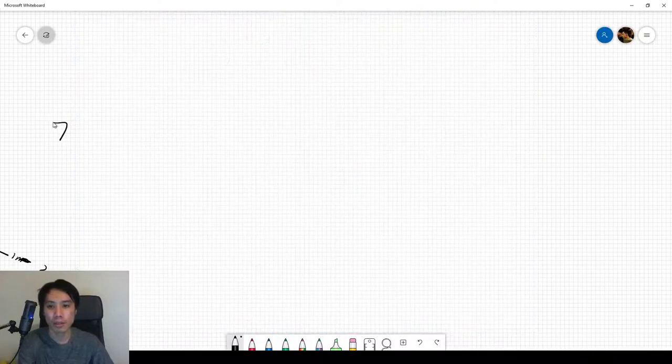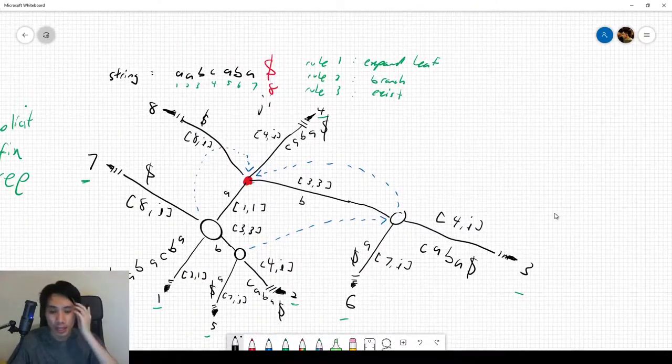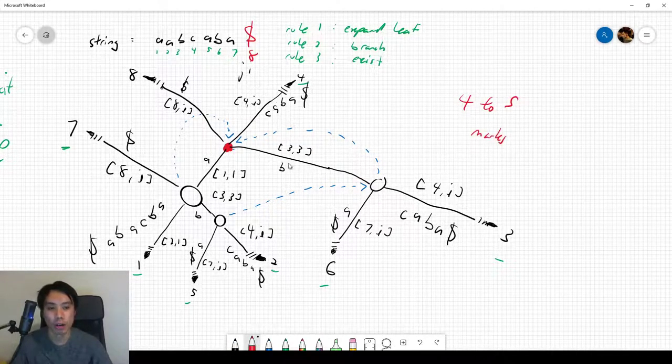Okay, so let me just erase off my work. So it's quite a simple question, and such a question is usually worth around 4 to 5 marks, right? You're going to have 1 to 2 marks about your suffix link.